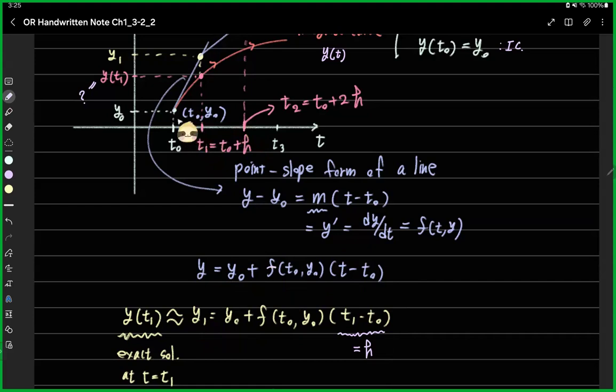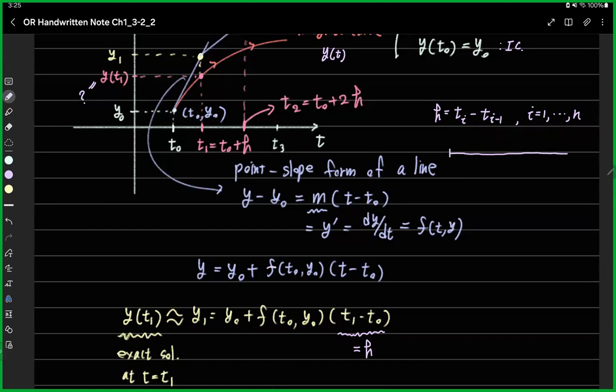Assuming that we discretize the time interval uniformly, evenly, I mean, then h is actually t sub i minus t sub i minus 1, where i equals 1 through n, if we chop the time interval into n sub-intervals.